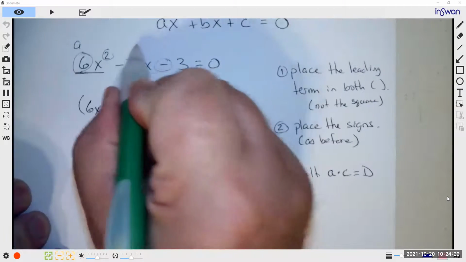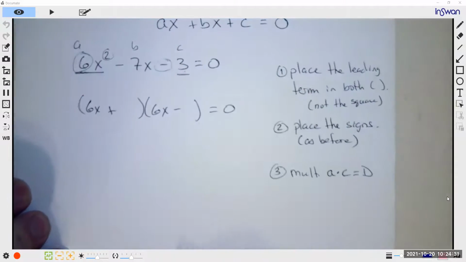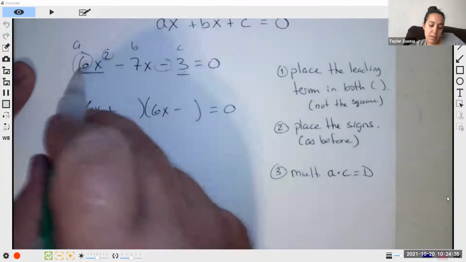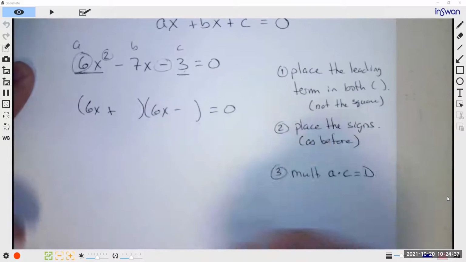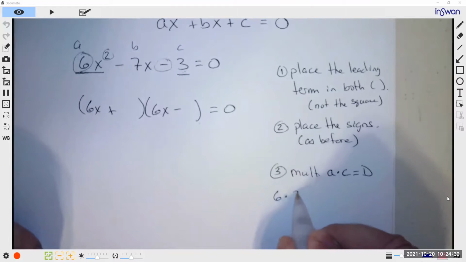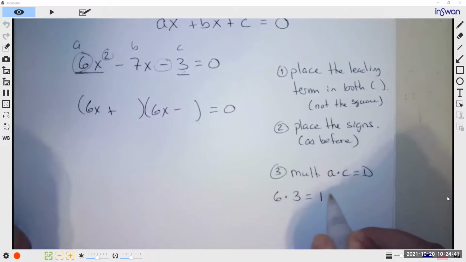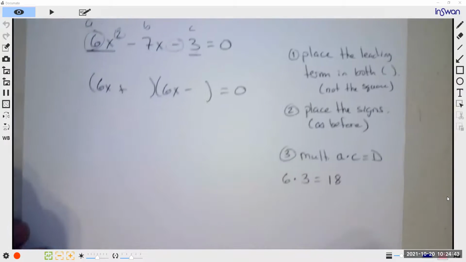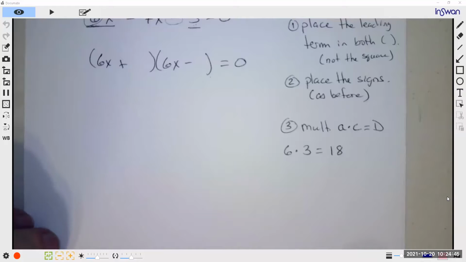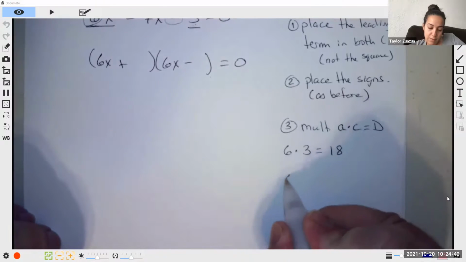Remember, this is A, that's B, and that's C. So you multiply A and C. So 6 times 3 is 18.